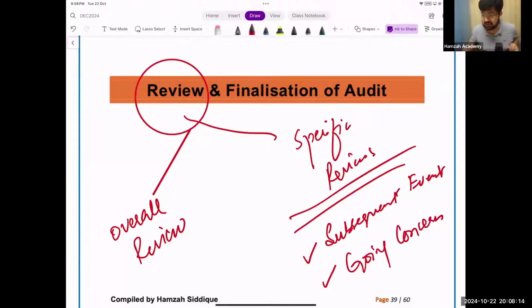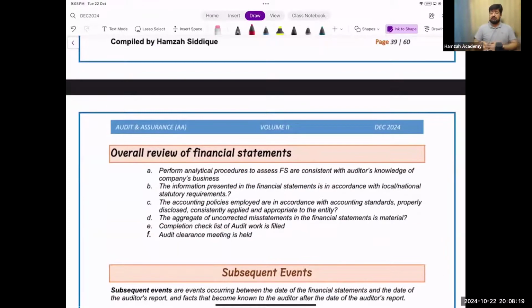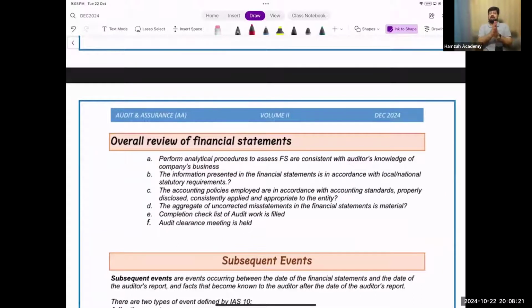Okay, at this stage, overall review is here. Now at this stage, it is the third stage where the auditor performs analytical procedures once again. What is the purpose of performing analytical procedures over here? The purpose is that the auditor has now gone through the financial statements.